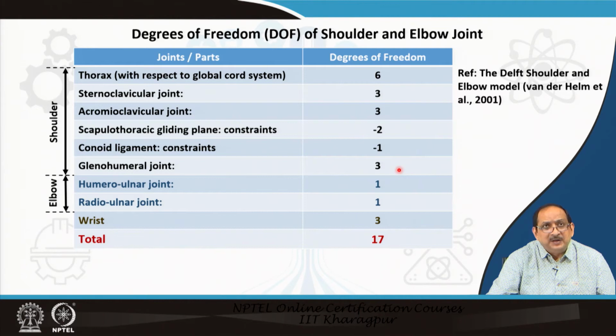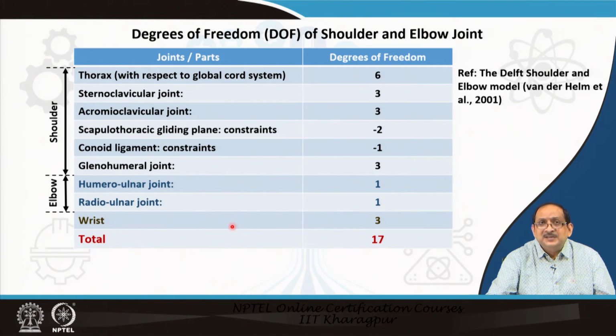corresponding to each joint. If we now move to the elbow, as discussed earlier, we have 2 rotations. So, we have one about the humero-ulnar joint, the other about the radio-ulnar joint. So, we add 1 degree of freedom to each joint.